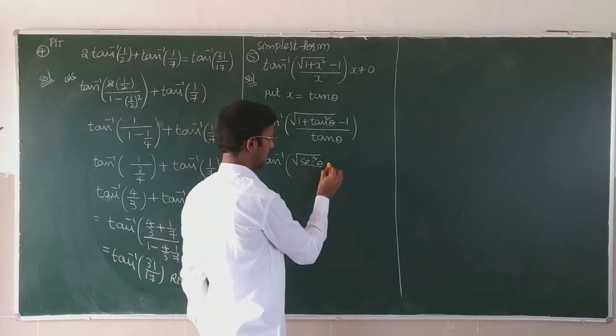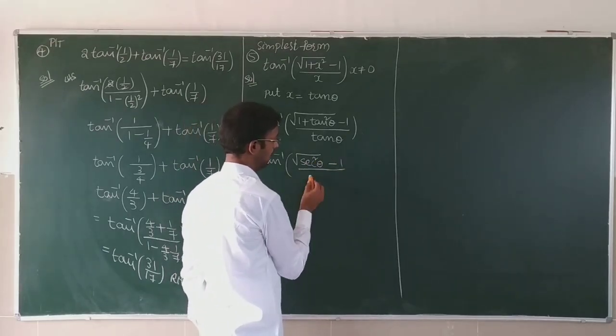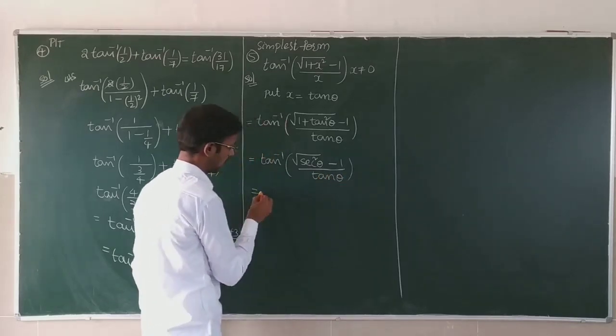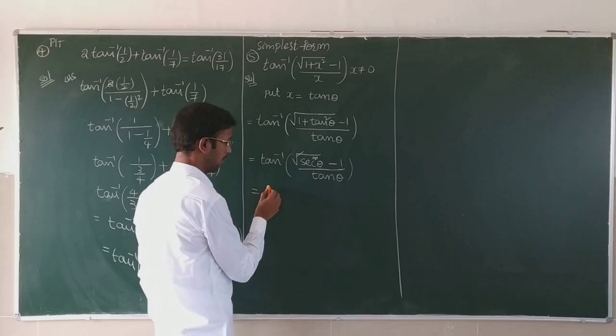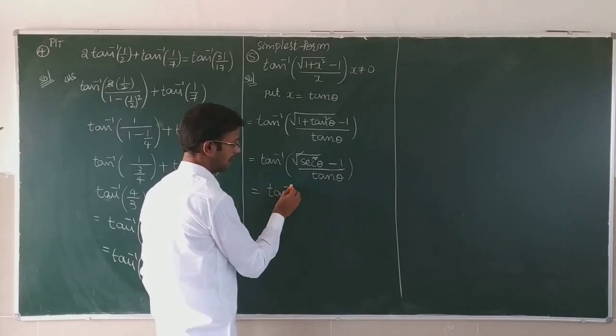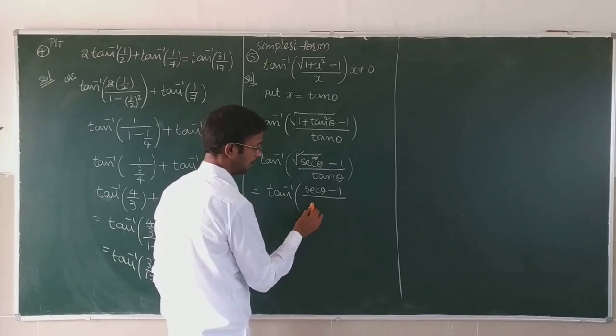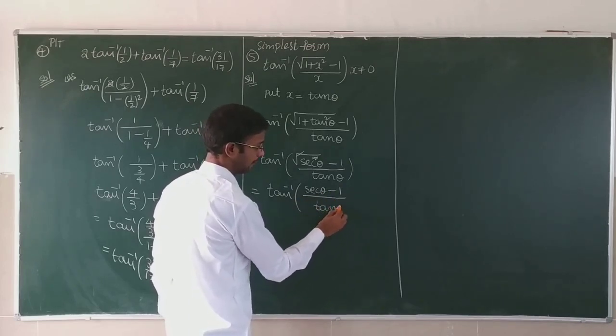Secant square theta minus 1 by tan theta. The square root gets cancelled. Tan inverse of secant theta minus 1 by tan theta.